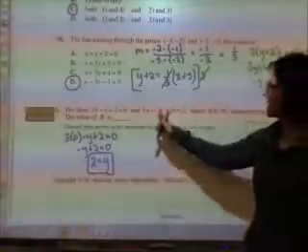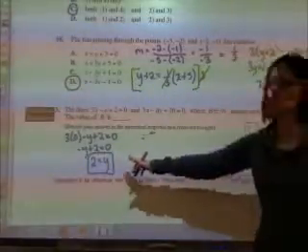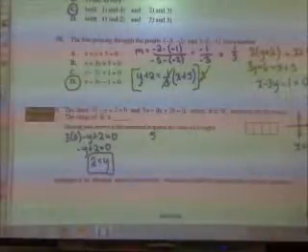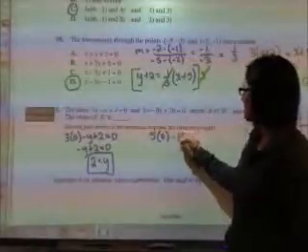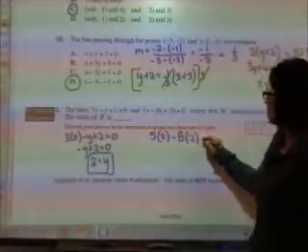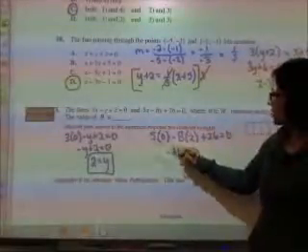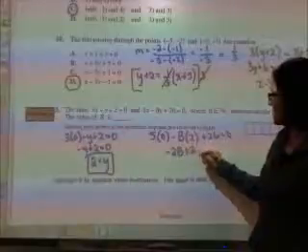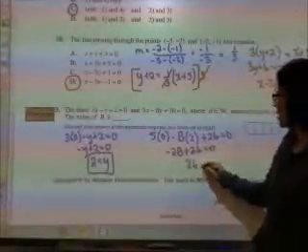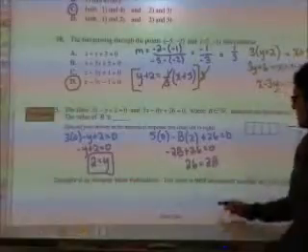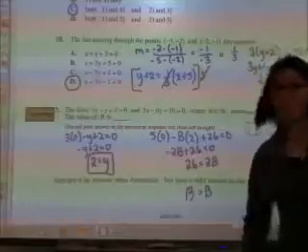Now I can put that into this equation, because this point of 0 and 2 will be common to both lines. So 0 for x and 2 for y, I get a negative 2b plus 26 equals 0. If I move the 2b over to make it positive, I get that b would equal 13.